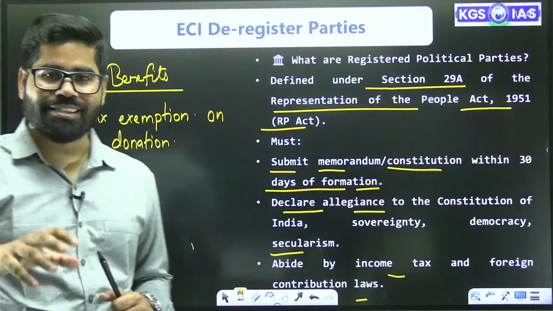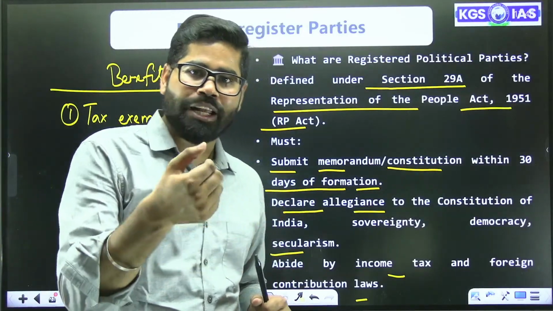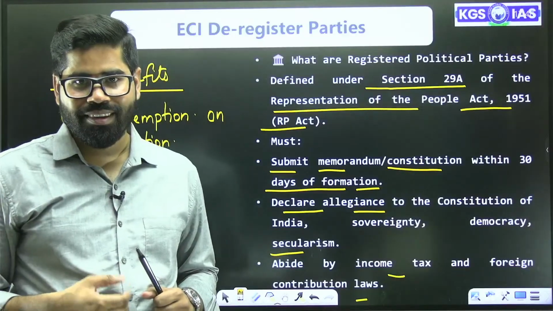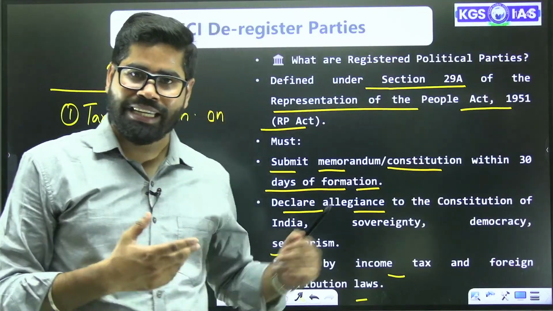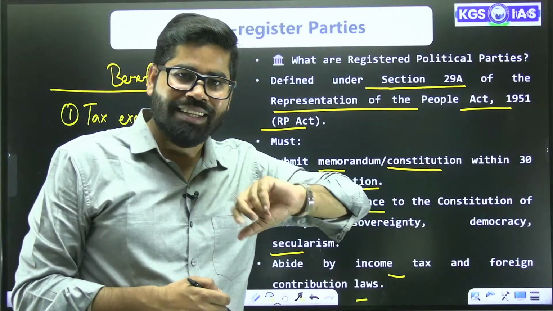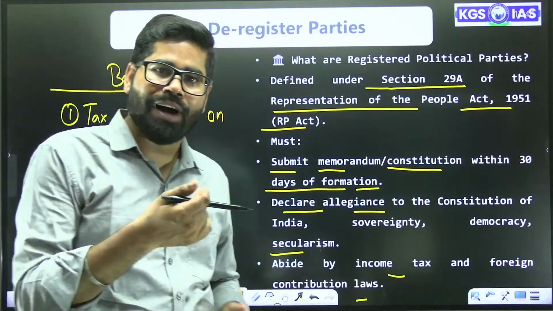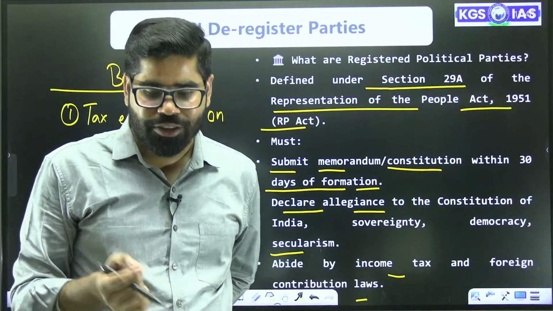Suppose a person has an enormous amount of money. Now if they are giving it to any political party in a different form, the donations which come to a political party don't come under income tax. So they don't have to file any income tax. So that is one part.